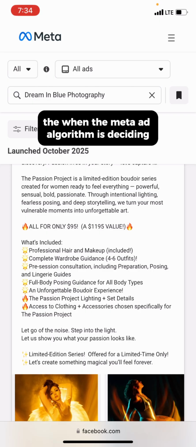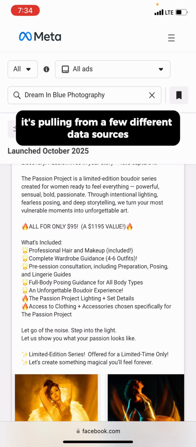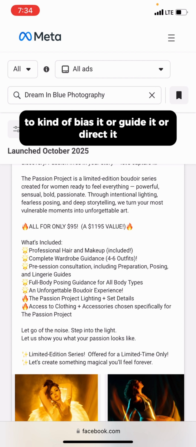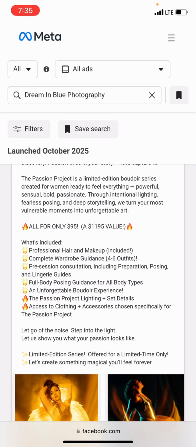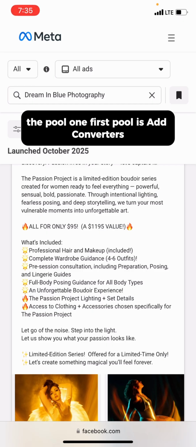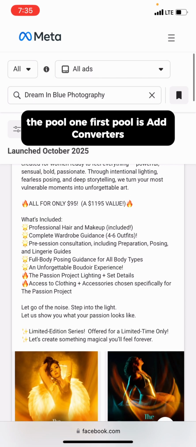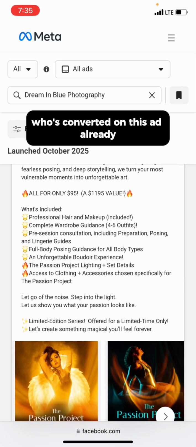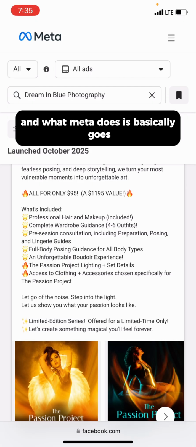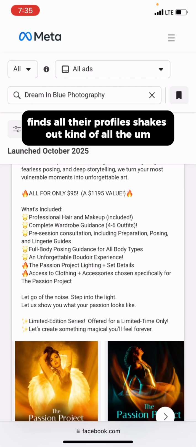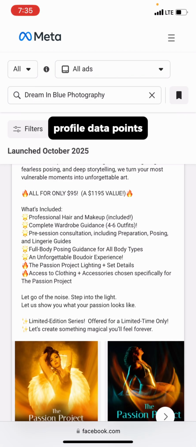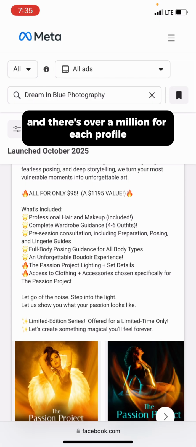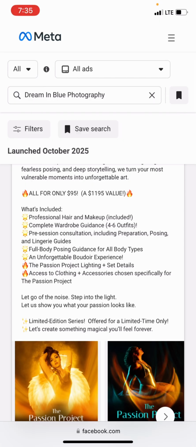When the Meta ad algorithm is deciding who to send our ads to next, it's pulling from a few different data sources, a few different pools of data, to bias or guide it. The first pool is ad converters. Who's converted on this ad already? Meta goes and finds all their profiles and shakes out the profile data points, and there's over 1 million for each profile, into our pool.